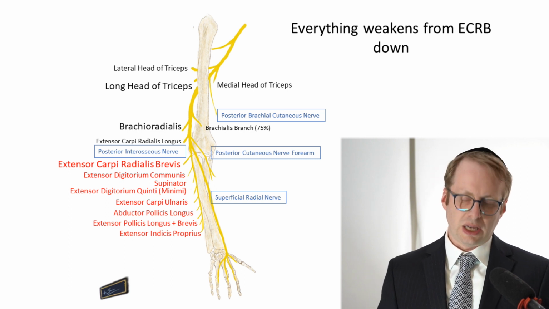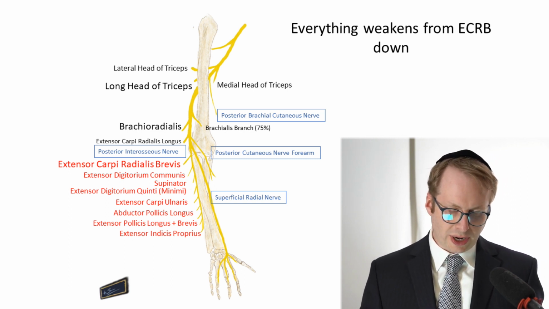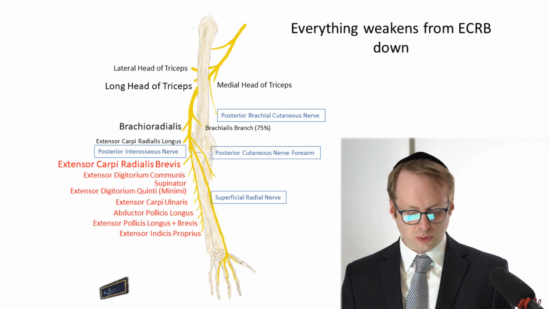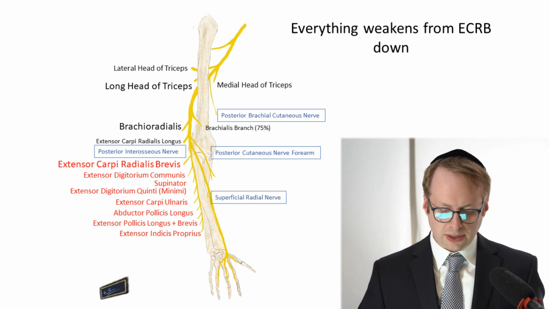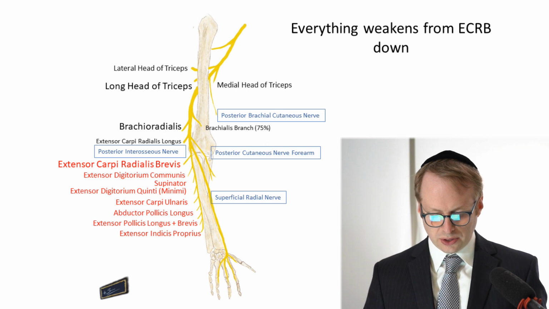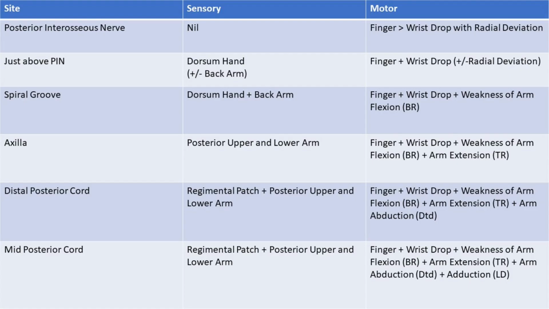So extension of that radial aspect of the wrist will be weak, but it won't be completely weak. And of course all the other muscles are beneath that too.